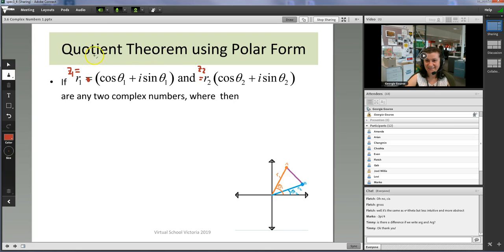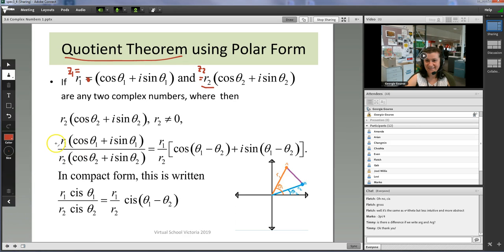So now we're going to do division. Division is also simplified when we use polar form. If the modulus is not equal to 0, we can do this. When we're dividing R1 cis theta 1 by R2 cis theta 2, we just divide the moduli by each other and we subtract the angles.